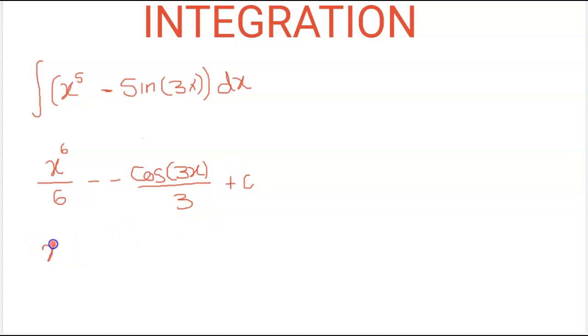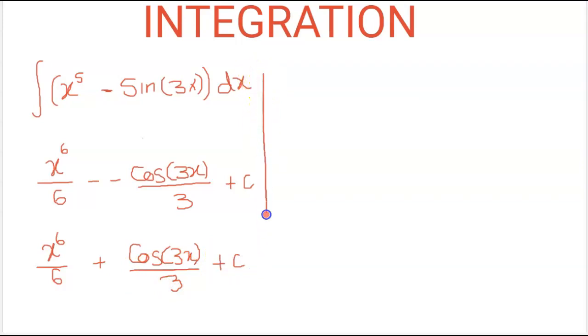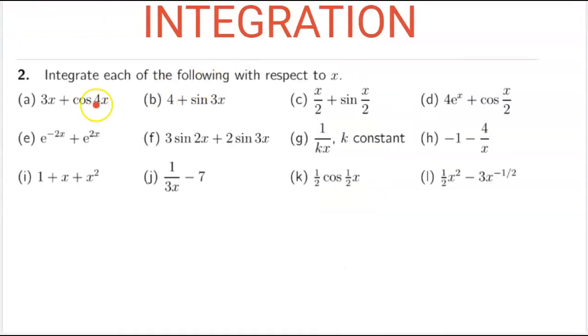That will become x to the 6 over 6 plus cos 3x, because minus and minus becomes a plus, over 3 plus c. This is how we integrate. Now, you should be able to do these questions.